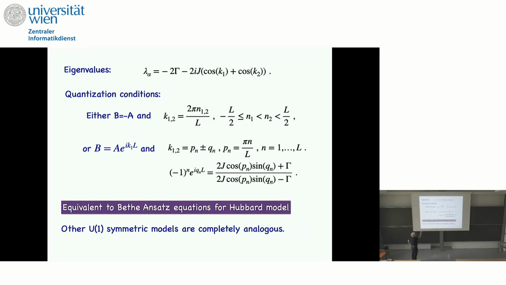Or in the other one, you have something like this, and the quantization conditions are written here, so it gives rise to this nonlinear algebraic equation. So these are equivalent to the Bethe-Ansatz equations for the Hubbard model. And in order to solve the problem I'm after, you basically need the solutions to all of these equations, plug them into the wave functions, and then work out what the wave function does at late times.